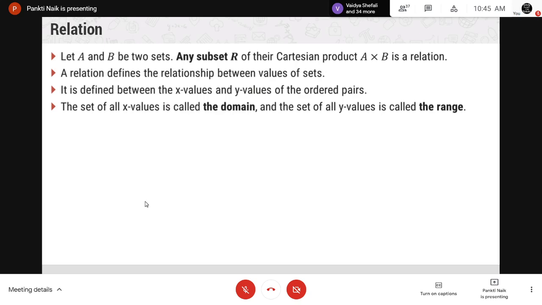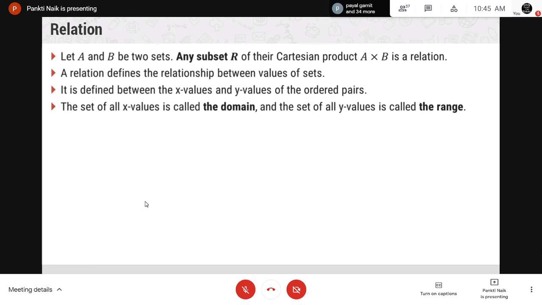Now next is relation. A relationship is a major aspect between two objects. Even this is true in our real life. The definition of relation in terms of set theory: a relation R is a collection for the set S which represents pairs of elements.